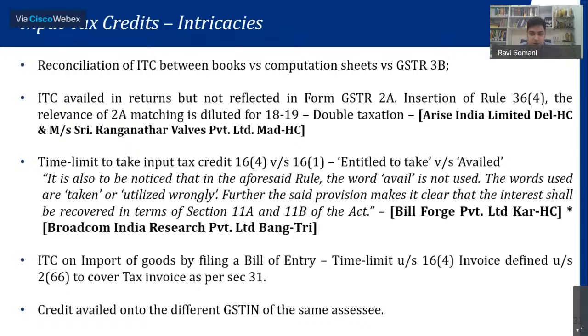Now what is happening? On the same transaction, there is 18 lakh rupees which the government will claim from the supplier. On the same transaction, government has asked the recipient to reverse the 18 lakh rupees as credit, and from both, government is asking interest. So already the implication is 36% with interest and penalties.